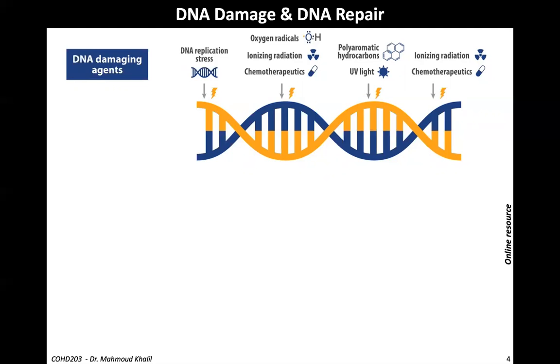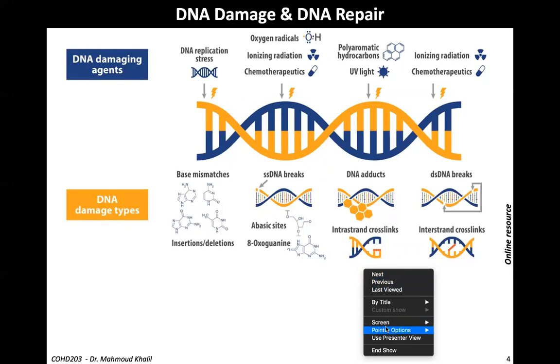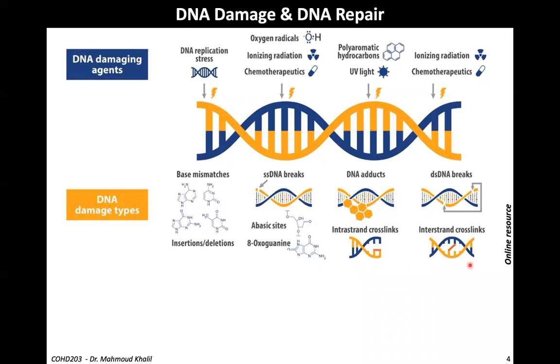All these DNA damaging agents lead to different damage types, including base mismatches, single-stranded DNA breaks, DNA adducts, which can lead to intra-strand cross-links, as we'll see later in the lecture, as well as double-strand DNA breaks, which can lead to inter-strand cross-links. So basically, there are four types of damage, as we said.